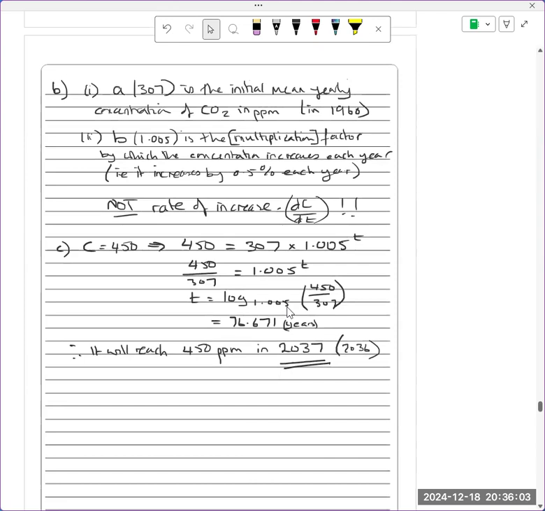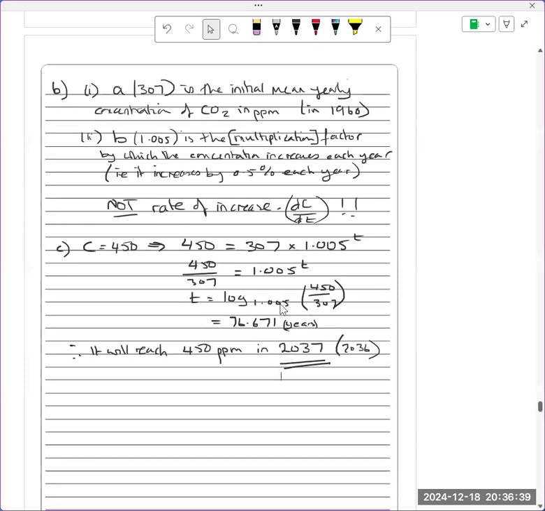If I changed it to, I can't remember what the exact answer was, but if I change it to 1.0051, it comes out at 75. Okay, it's not that different, but it is quite sensitive to that answer. Certainly, if you'd rounded it to 2 decimal places or 3 significant figures, if you'd done 1.01 as the base of the log, you would have got 38 years, almost half out.